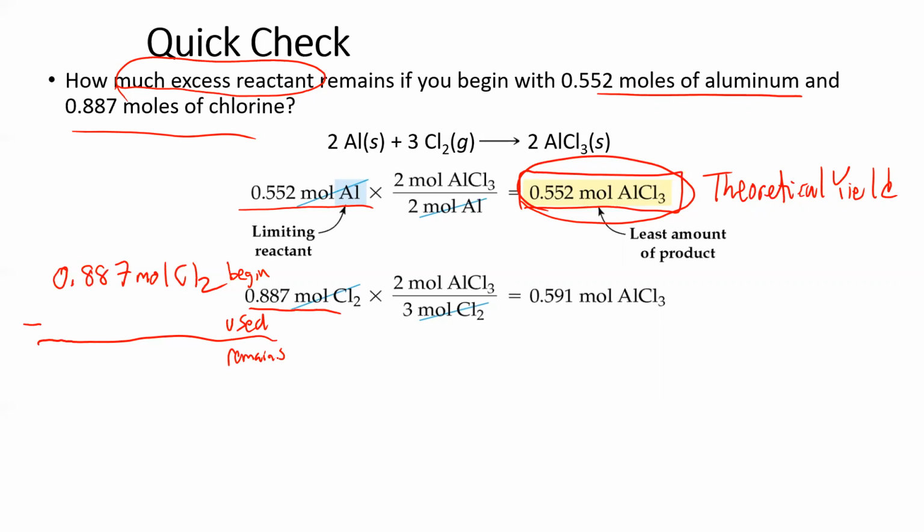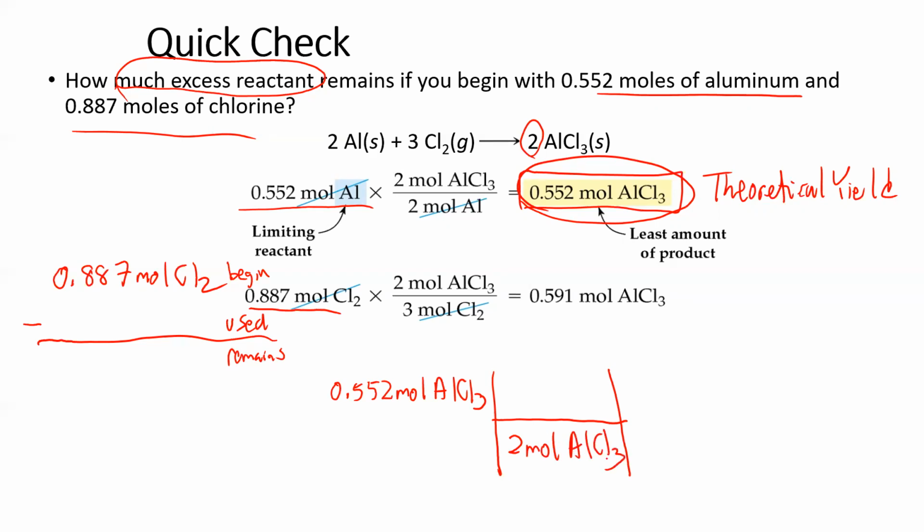We take the theoretical yield and say, I know I have to produce 0.552 moles of the aluminum chloride. But I want to know how much of the excess reactant, chlorine, there is. So I do a mole ratio. I go to my balanced equation and I say, there are 2 moles of aluminum chloride per 3 moles of chlorine.